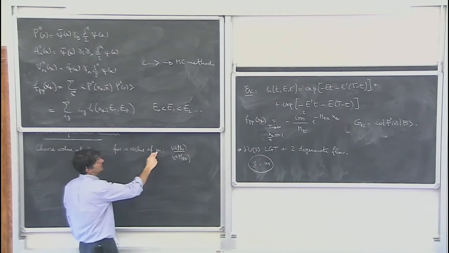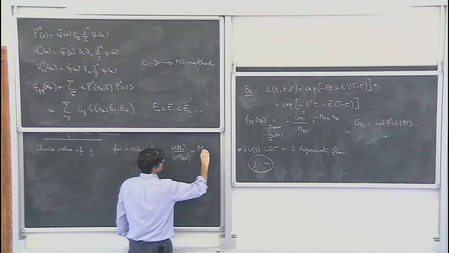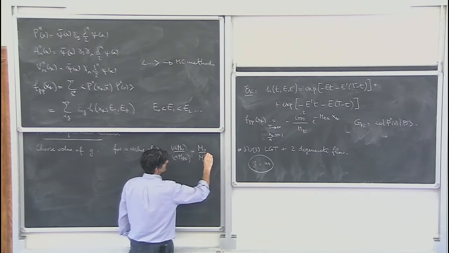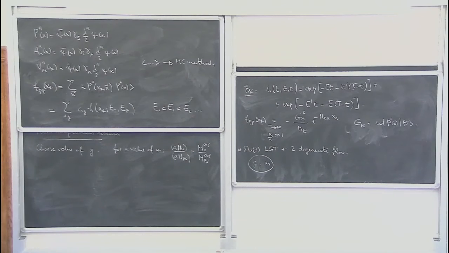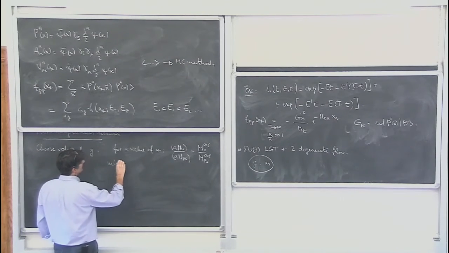Okay, and you tune m so that this is equal to the experimental value of m_V over m_PS. That gives you m as a function of g.